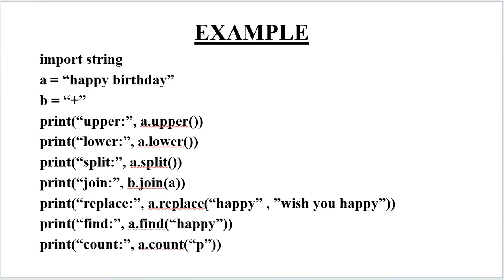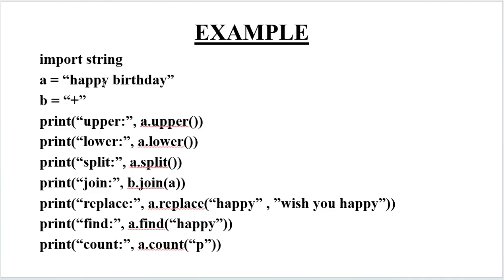Next is replace. As we have seen already, happy will be replaced with the new string wish you happy. And a dot find of happy is going to find the starting index of h alone, which is 0 by default, so 0 will be printed here. And a dot count of p is going to count the total number of times p appears in the given string.